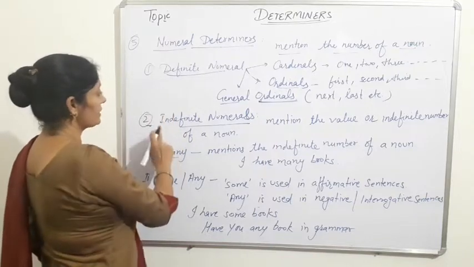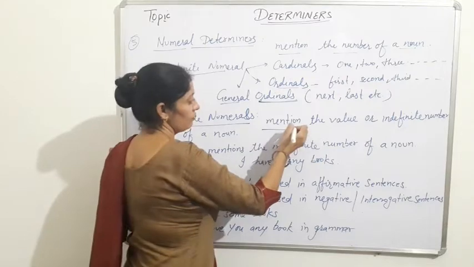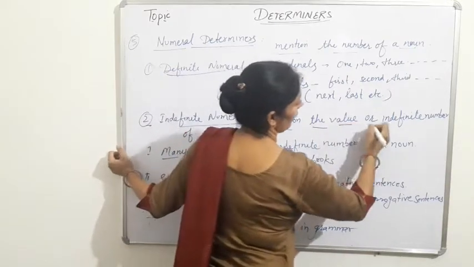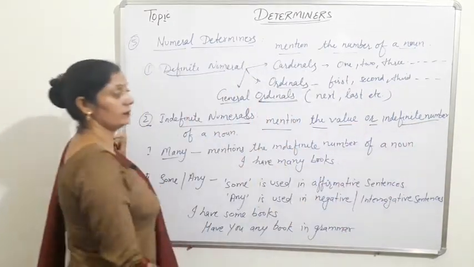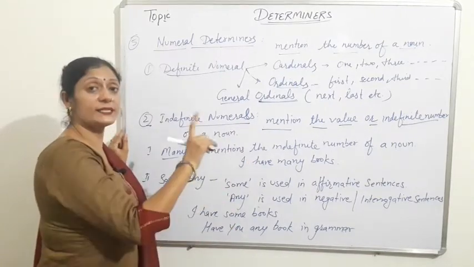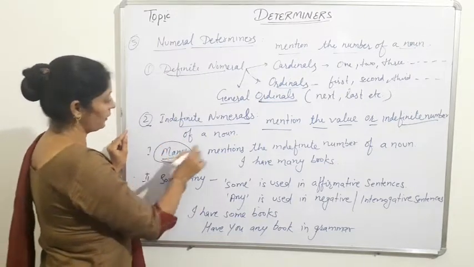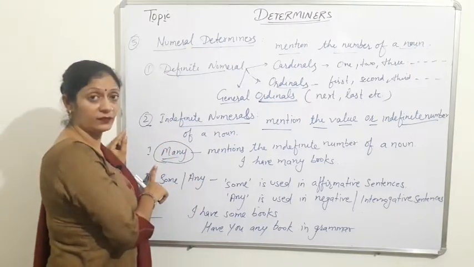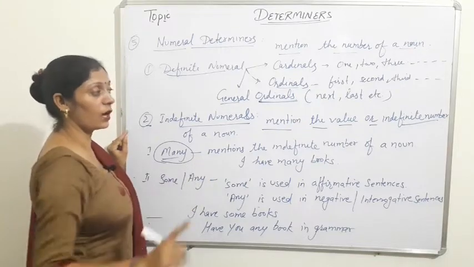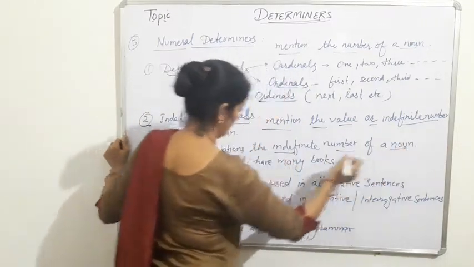Second type of numerals are indefinite numerals. Those numerals which mention the value or indefinite number. They tell us the value or not a proper number. It means indefinite number is there. First type of indefinite numeral is many. Many is used with countable nouns. It mentions the indefinite number of a noun.